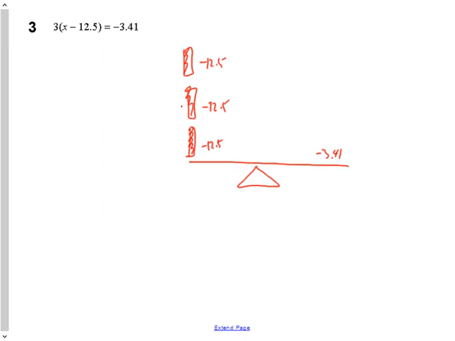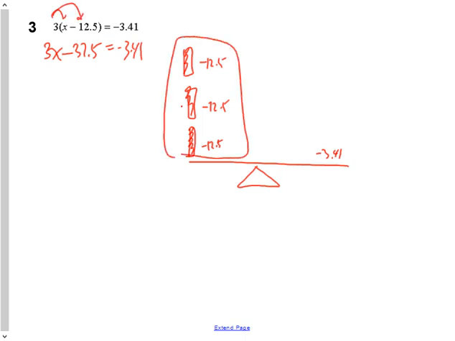The first way is to just say, well, I would have 3 x's, and I'd have minus 37.5 is equal to negative 3.41. And all I did there was expand using distributive property, or thought of it like that and just told what that side is. And when you do that, you could then add 37.5 to both sides.